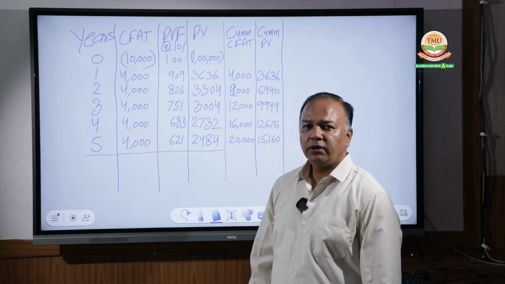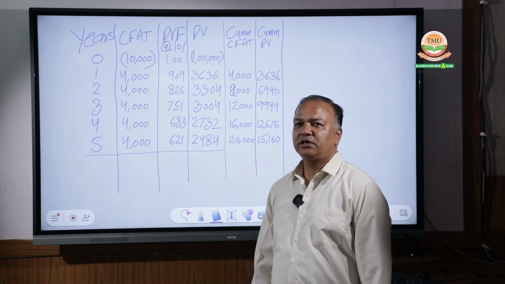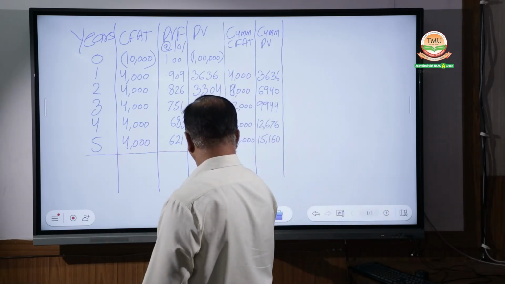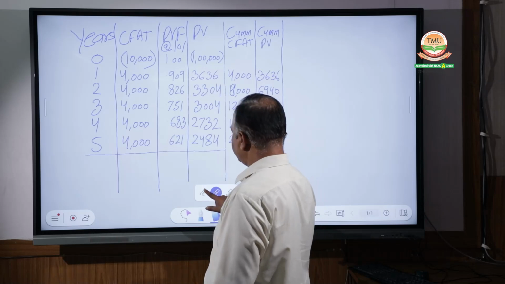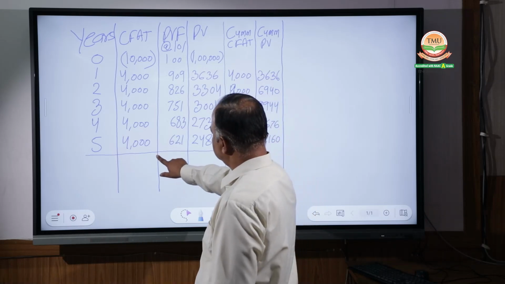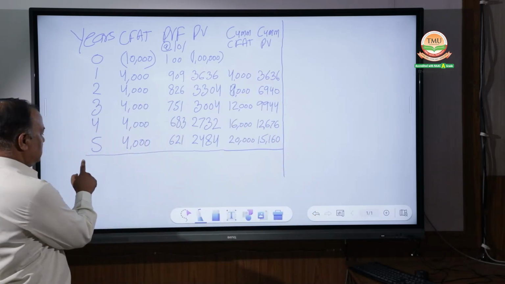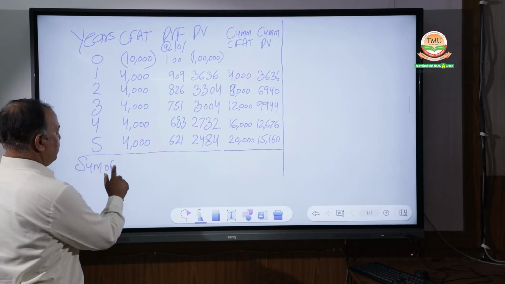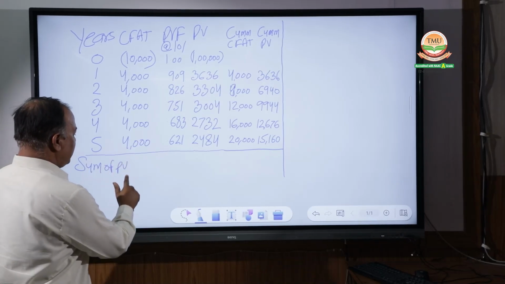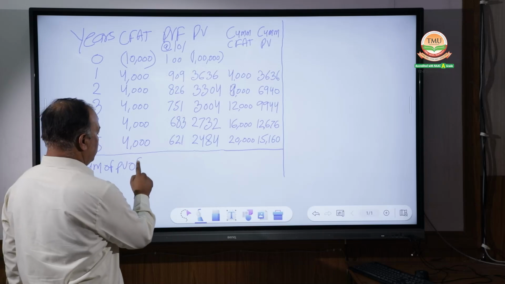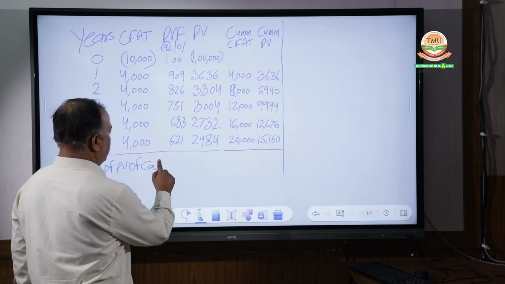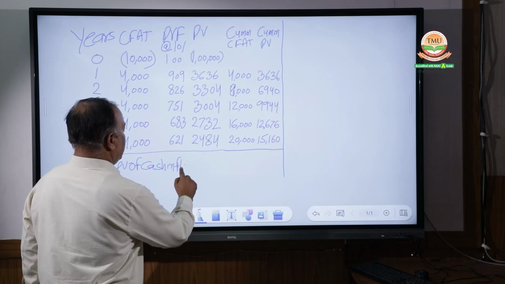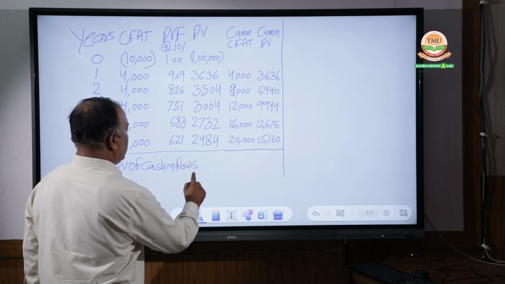To find out NPV of any project, simply you have to write down sum of present value of cash inflows.